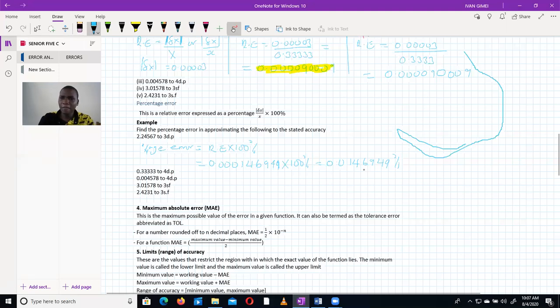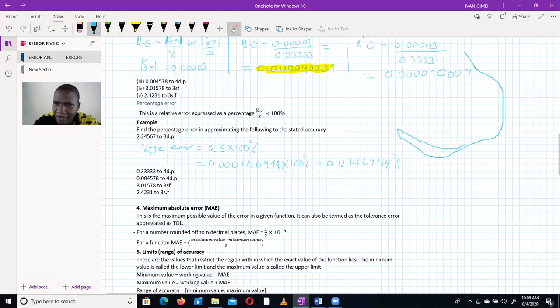Okay, so we're saying relative error times 100% gives us percentage error. So percentage error is simply relative error expressed as a percentage. People keep interrupting and you lose focus.